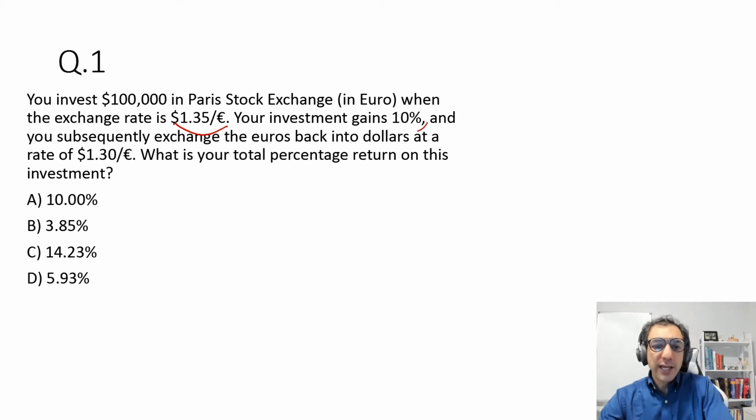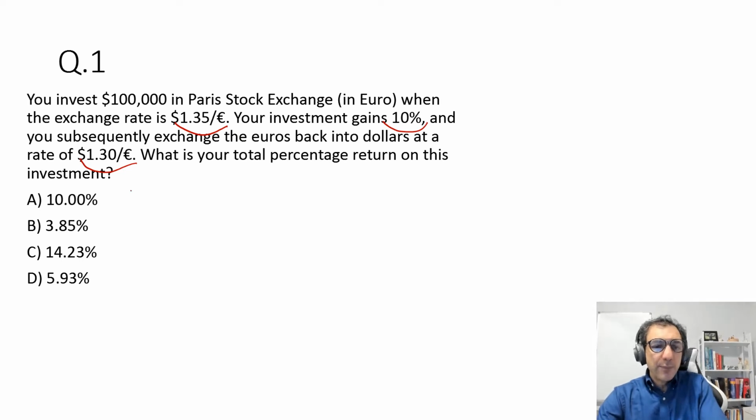Let's assume you are getting a 10% gain on your investment in euro, and then you're going to convert your euros back into dollars. In this case, the rate will go down, and let's assume the rate goes down to $1.30, which means you will receive fewer dollars for the same euro.